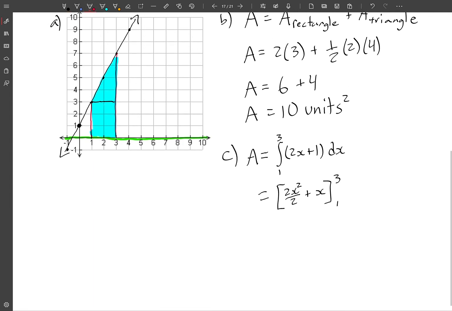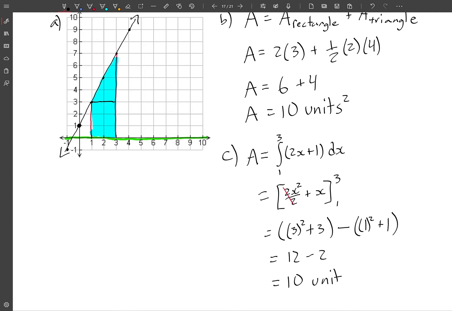Luckily, those 2's cancel out quite nicely. And we evaluate from 3 and 1, so this is going to be 3 squared plus 3 minus 1 squared plus 1, which is 12 minus 2, or, hey, guess what? 10 units squared. Exactly the same.